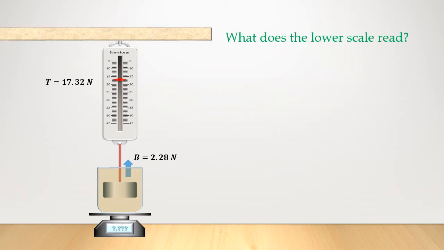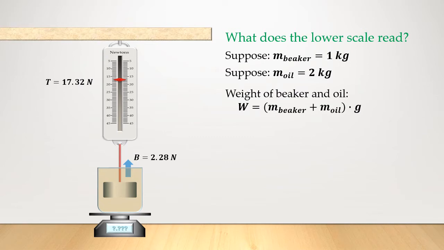Okay, so we've got the upper scale. Let's see what the lower scale reads. Again, from the problem, you know that the mass of the beaker is 1 kilogram. The mass of the oil is 2 kilograms. So the weight will be the addition of those two times the acceleration of gravity.